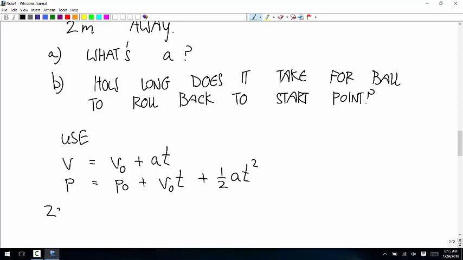And 2A times the quantity P minus P0 is equal to V squared minus V0 squared. So get into groups and see if you can work through this on the board.